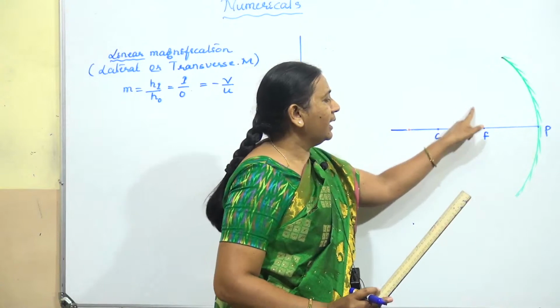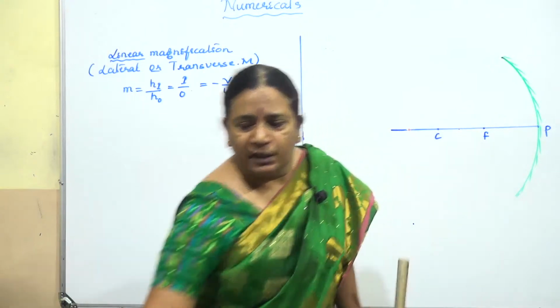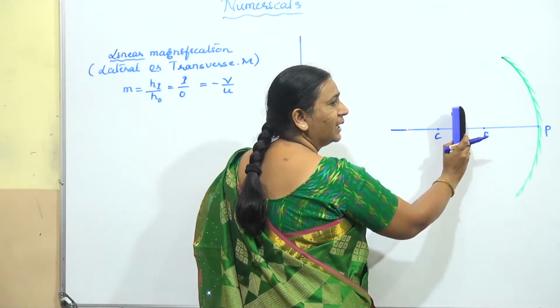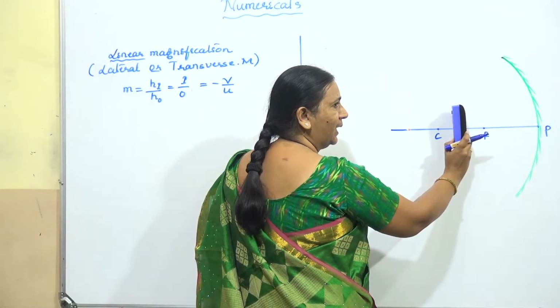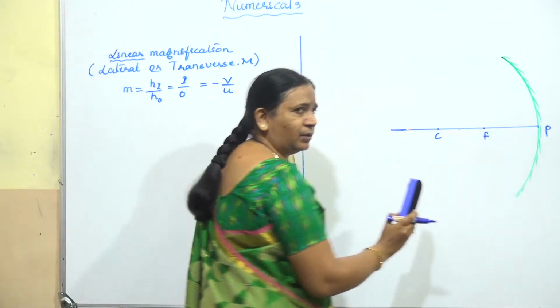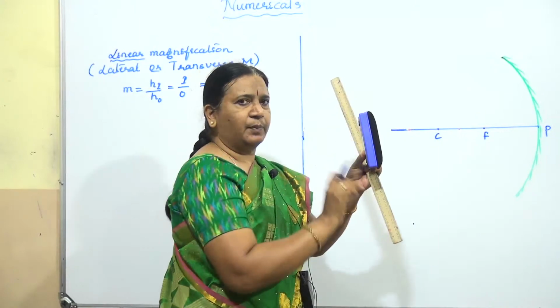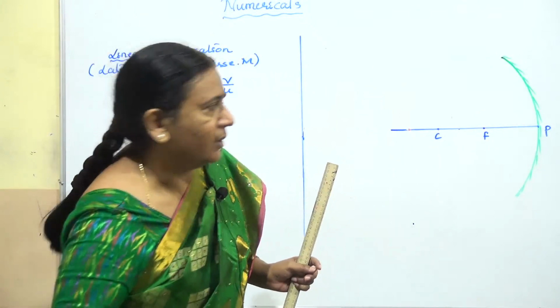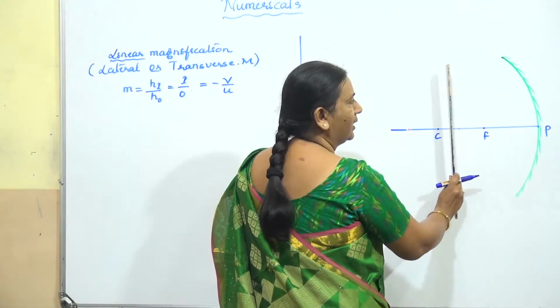Listen carefully. The area is not kept like this, children. The area is kept with its plane facing the mirror. The plane of that area has to face the mirror, so we are keeping that.